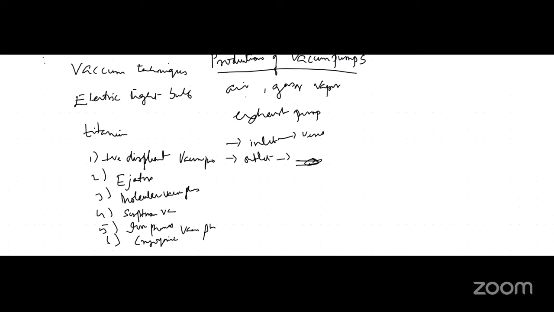So diffusion pumps are vapor jet pumps or vapor ejector pumps designed for pumping rarefied gas under the high vacuum range. This is also one type of the diffusion pumps.